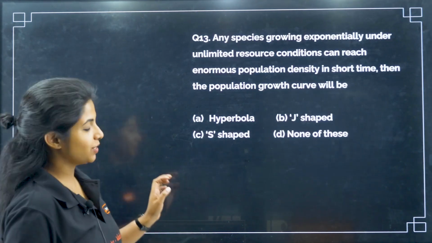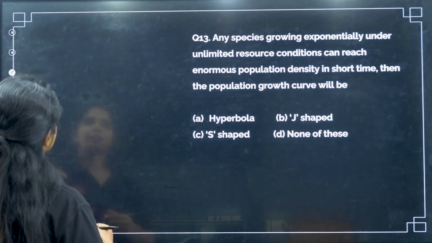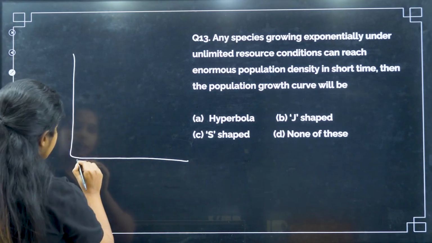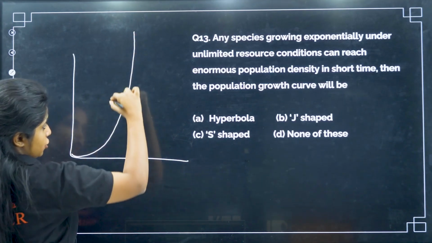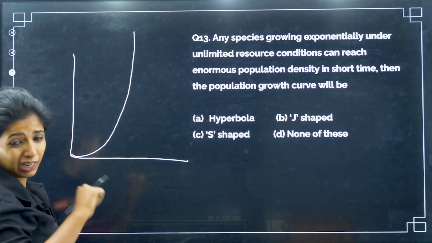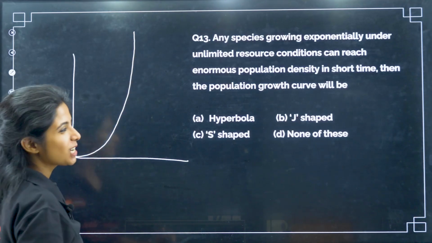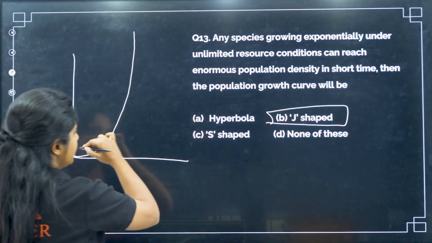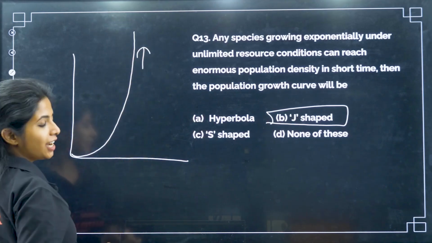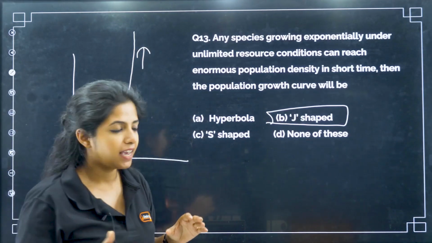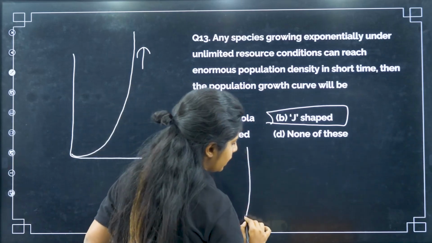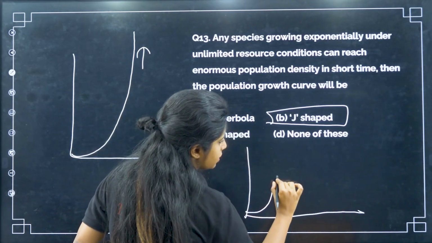Okay, so yes, we were in this question. Over here, I am saying there is exponential growth, that is going up. So obviously this type of curve is not hyperbola, it's J-shaped curve, my dear children. It looks like J, right? Because it is growing like that. Now if in the question it was mentioned that there is limited resources, in that case obviously the growth cannot be like this, so it will be almost like this.